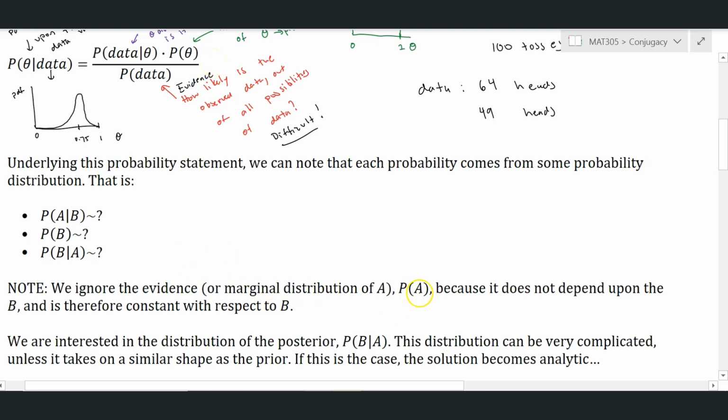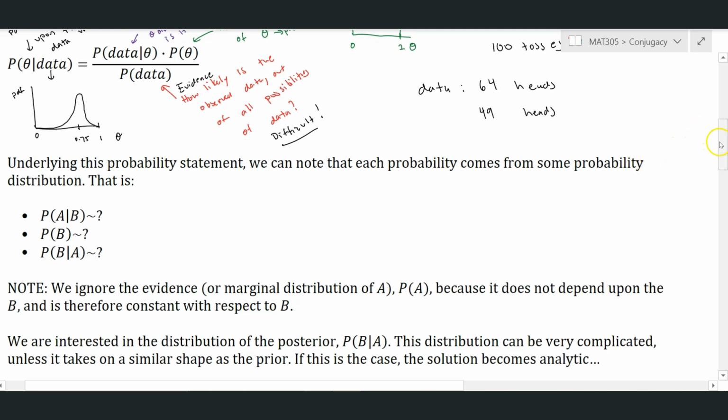Or marginal distribution of A, P of A, because it doesn't depend upon B, and it therefore is constant with respect to B. So what we mean by B in this case is that the data is irrelevant to our prior association of theta, and it doesn't depend upon theta. That was just data that we collected. The only things that depend upon theta are the posterior, the likelihood, and the prior.